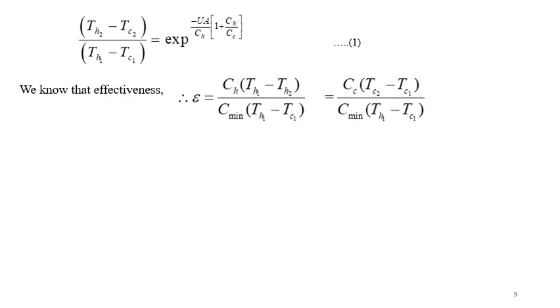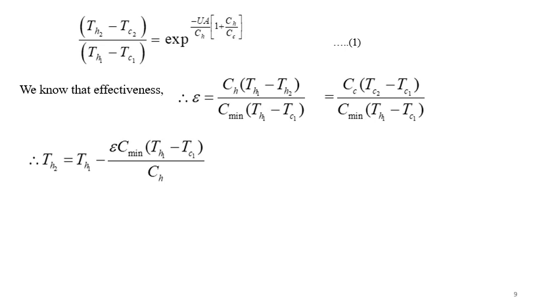We know the effectiveness is equal to the actual heat transfer to the maximum heat transfer. So effectiveness is equal to Ch into (Th1 minus Th2) divided by C min into (Th1 minus Tc1), which is equal to Cc into (Tc2 minus Tc1) divided by C min into (Th1 minus Tc1). Now we will find the value of Th2 from this equation.